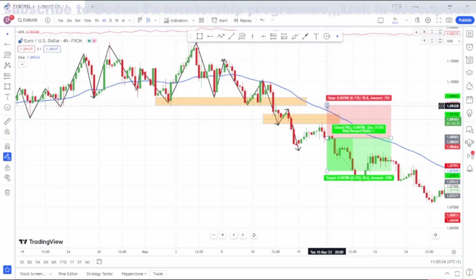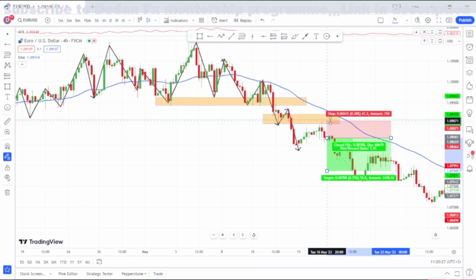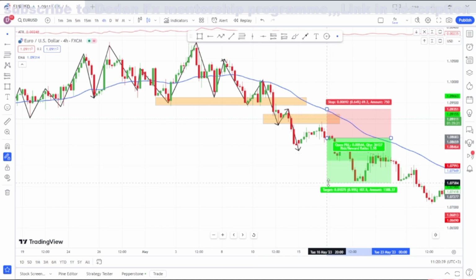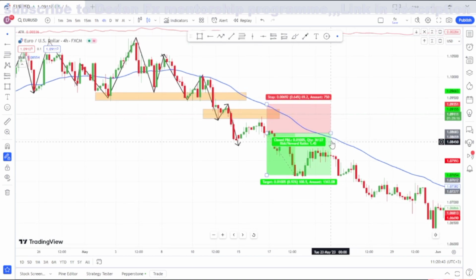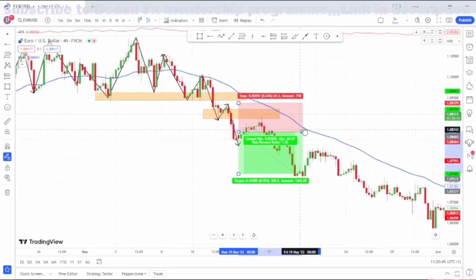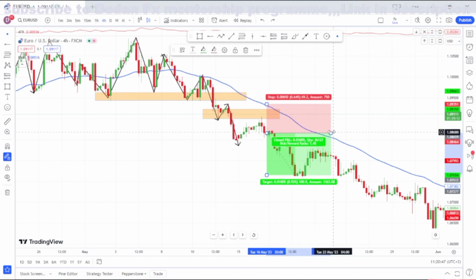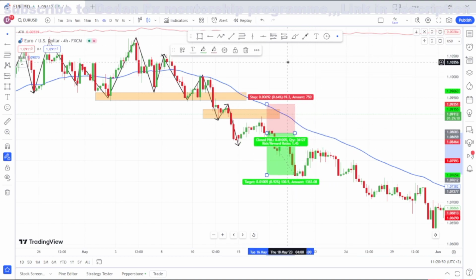Our stop loss should have been around there. Our main target, as usual, is a 1 to 1.4 risk reward ratio. So that could also have been a very good winning trade.